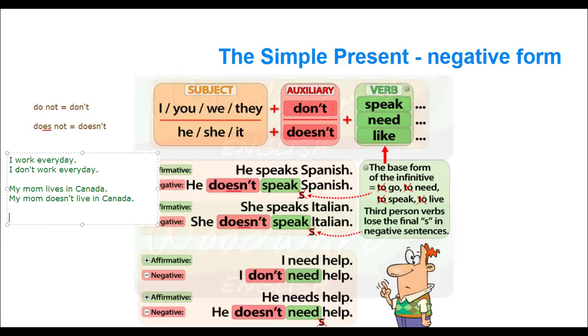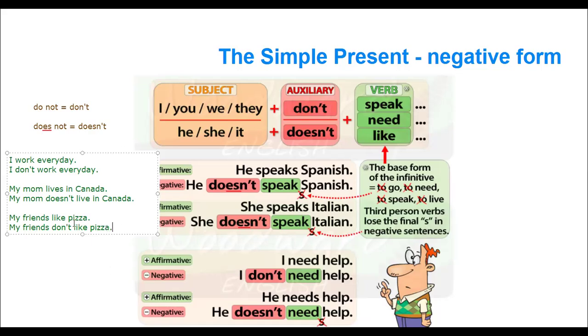And what if I say, for example, my friends like pizza. What would be the negative form, guys? My friends don't like pizza. Exactly. Good job. My friends don't like pizza.